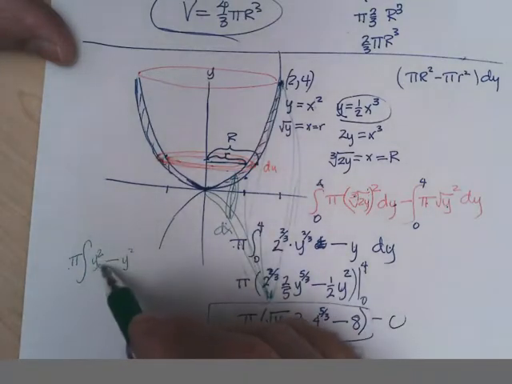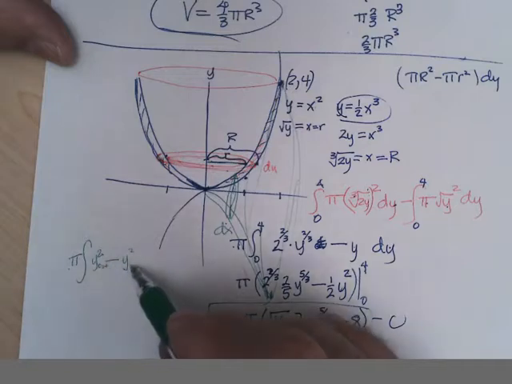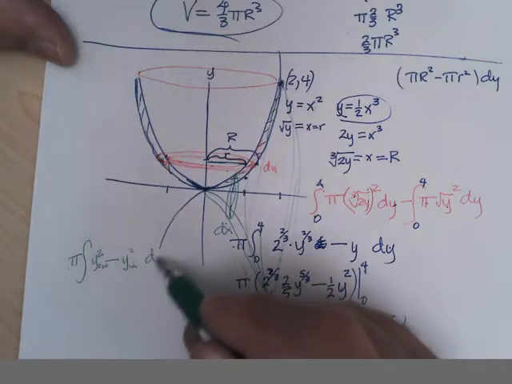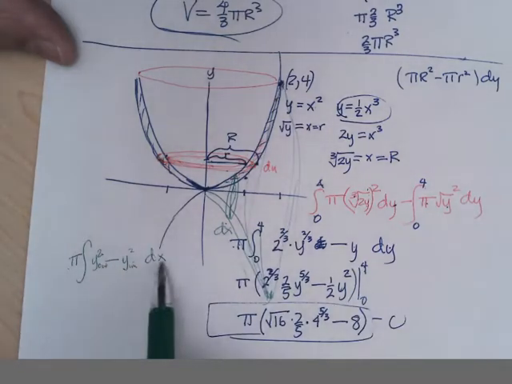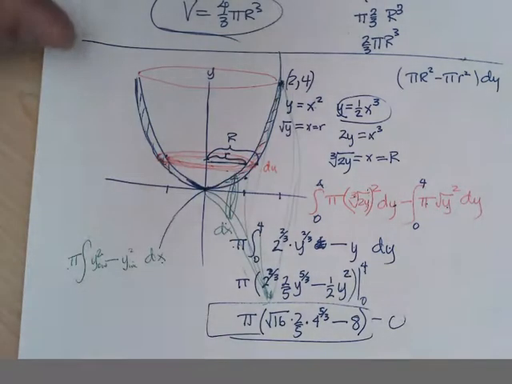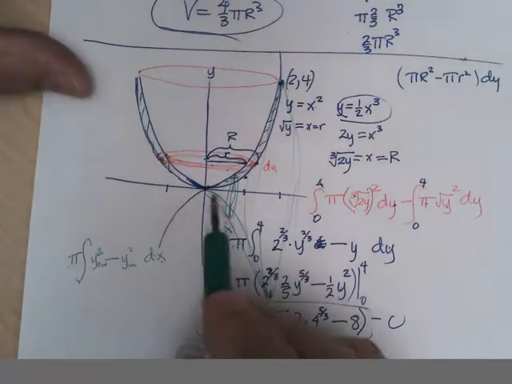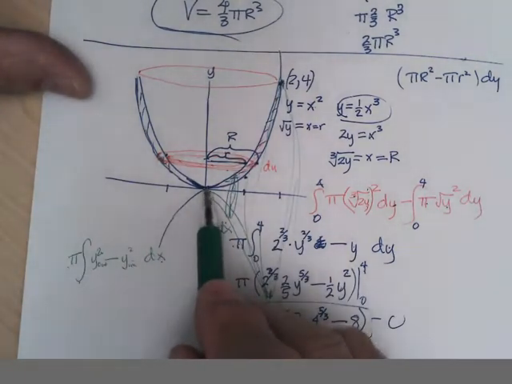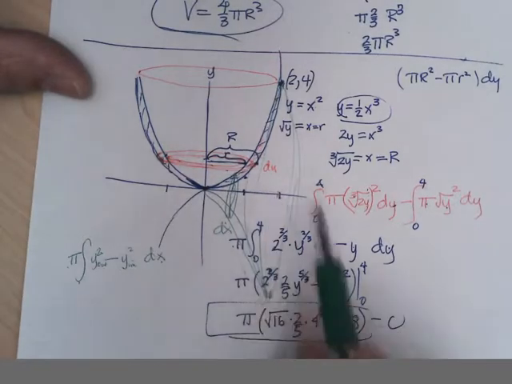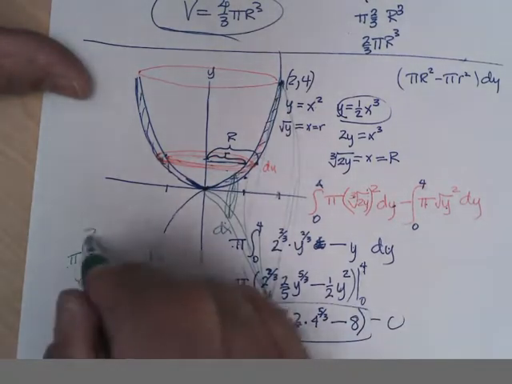So this is the outside radius, and the inside, dx. But it's x, so I have to get these in terms of x. And my limits are, well, I'm going to go from 0 to 2.